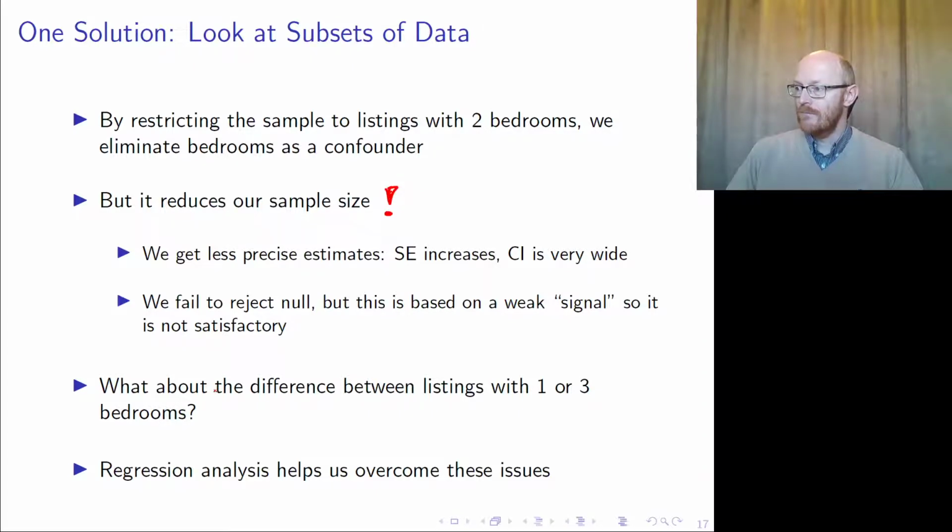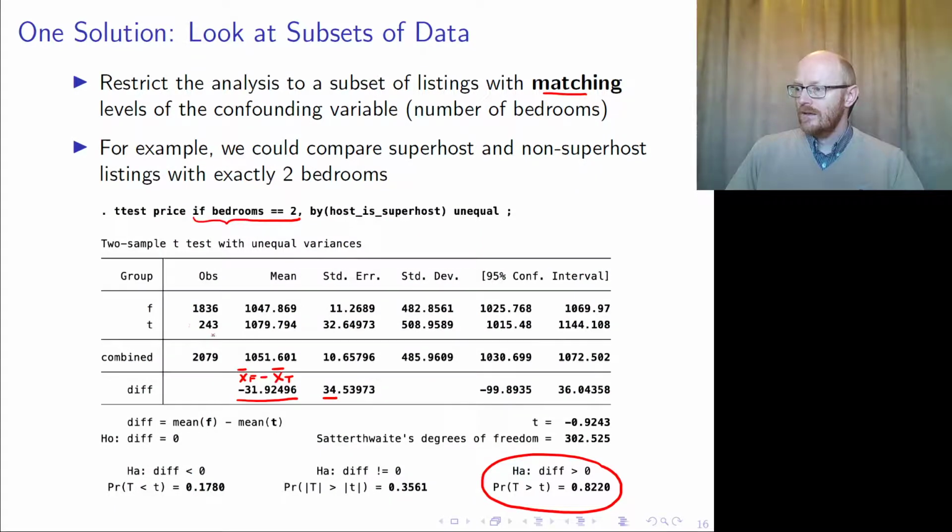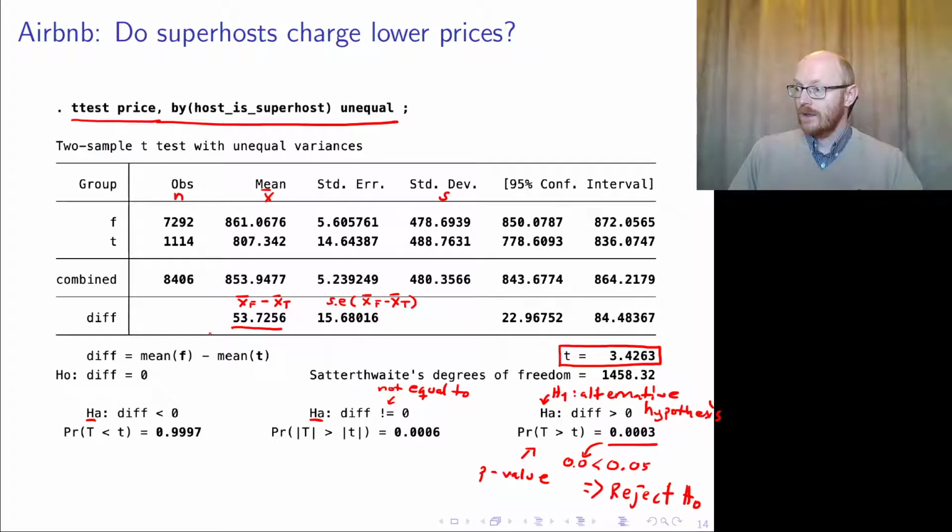For example, here we only have 243 superhosts in our data set if we only count those superhosts which have 2 available bedrooms in their apartment, whereas if we go up here, we had 1114 in the whole data set.